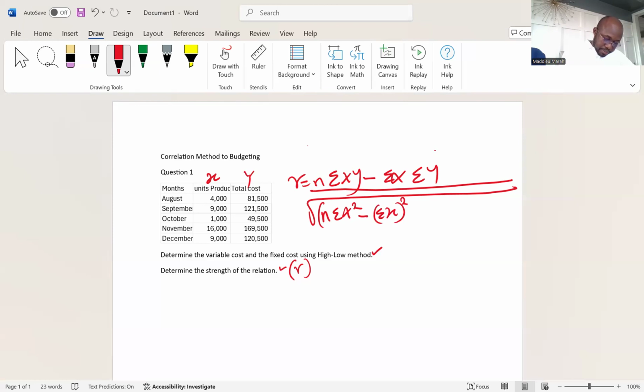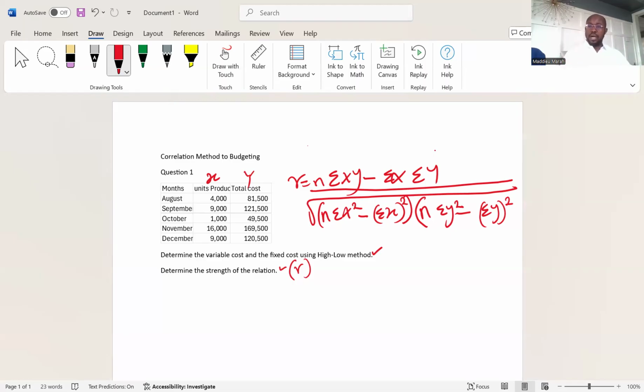Then we close the bracket for X. We open the bracket now for the Y value: the sum of Y squared minus the sum of Y, all squared. So this is our formula for the strength of relation, which is R. This is what we use to determine our correlation.